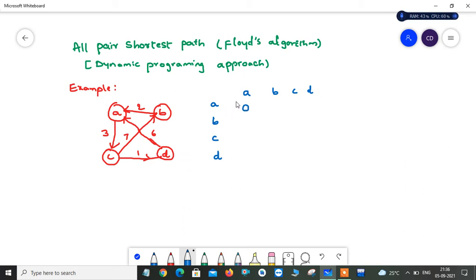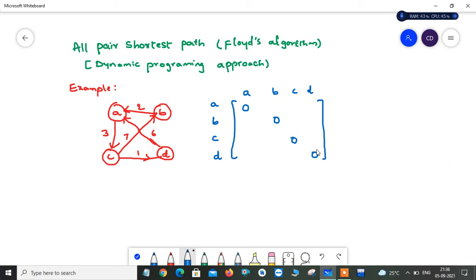So A to A the distance is 0, B to B is 0, C to C is 0 and D to D is 0. Now you are trying to find this adjacency matrix, the weighted matrix.